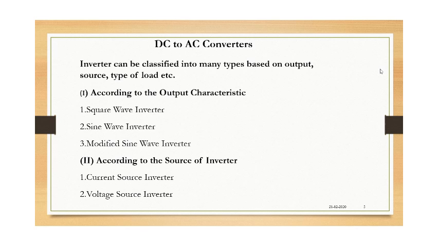So as the name clearly indicates, at the output you will be getting a square wave. The square wave inverter will produce a square wave AC voltage of a constant magnitude. The output of this type of inverter can be varied only by controlling the input DC voltage.